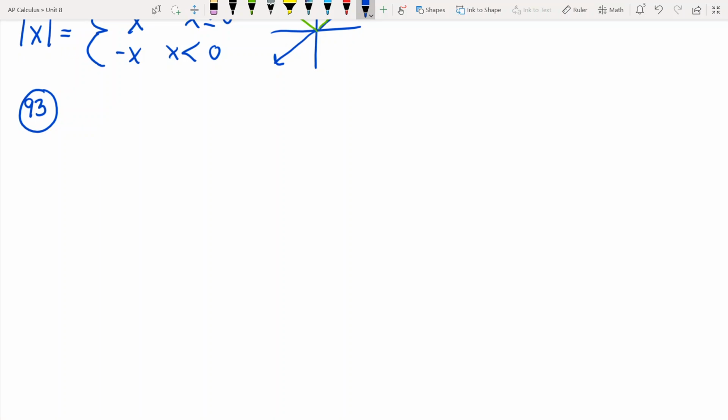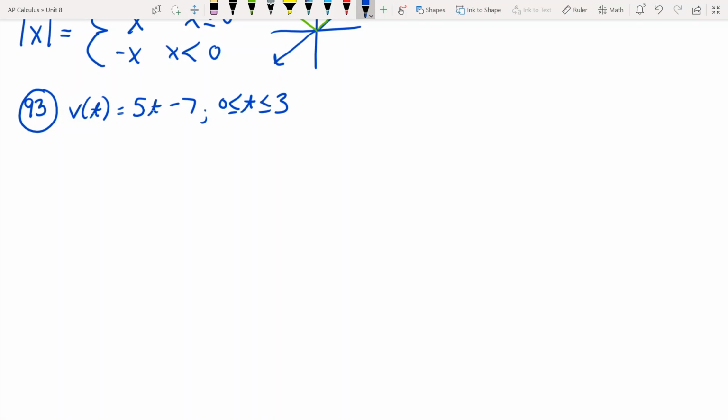But for total distance traveled, we were given that v of t is equal to 5t minus 7, and my t value was going to be between 0 and 3, a very small interval.